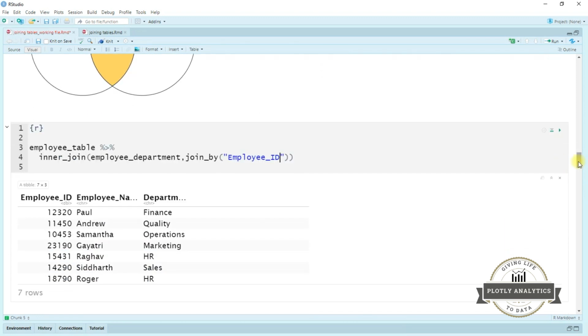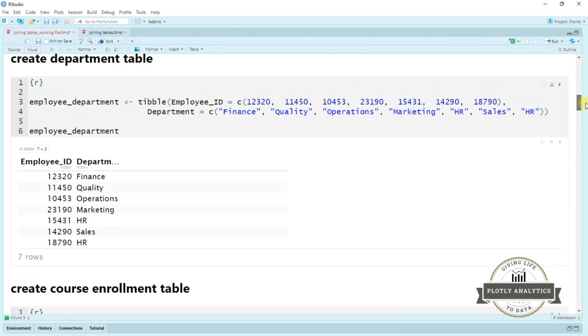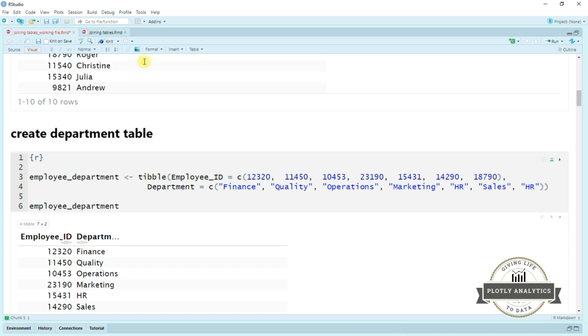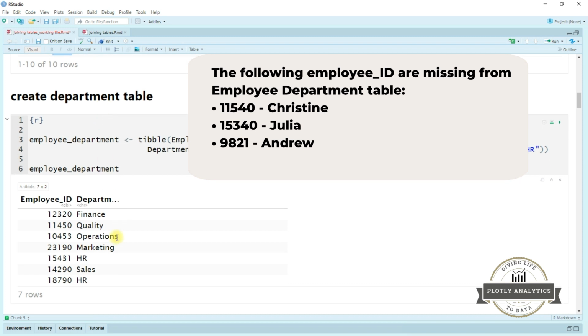Remember, inner join includes only common observations between the two tables. And the last 3 observations from the employee table, Christine, Julian, Andrew, are not appearing in the employee department table. Now have a look at the employee department table again. Here is the employee department table. You see, Christine, Julian, Andrew have not been assigned to any department.